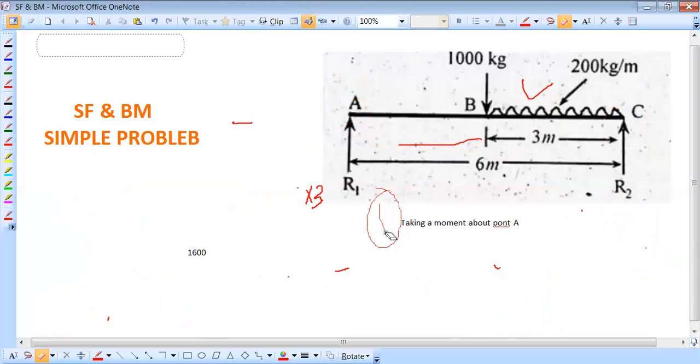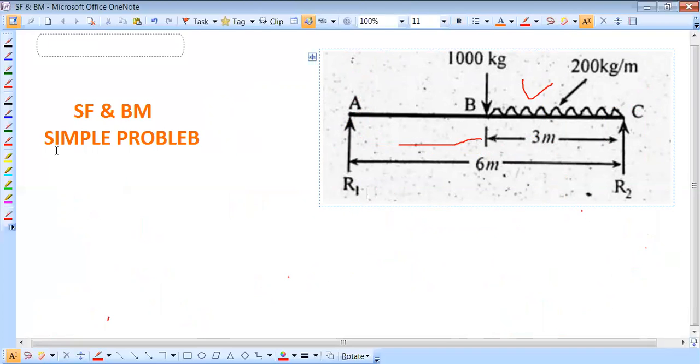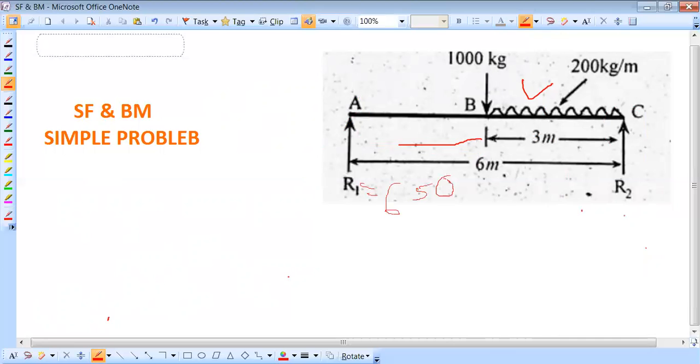So first of all, R1 is equal to 650 and R2 is equal to 950.